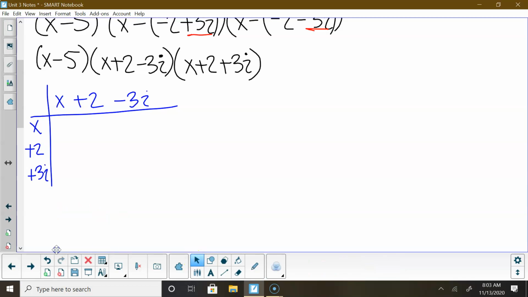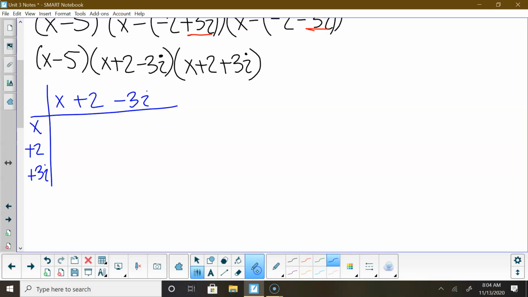Get this one out of the way. And again, all the stuff with the i's, this is the whole point in doing the conjugates. I want to get rid of it.